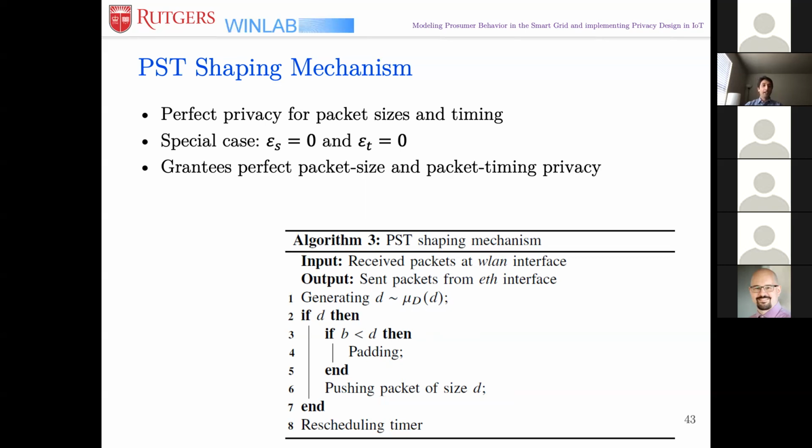Every T, the shaper sends a packet of size D based on its PMF, and that is independent from packet arrivals in every time slot. Again, if the size of the buffer is less than D, then the output packet is padded with enough dummy bytes to make size D.